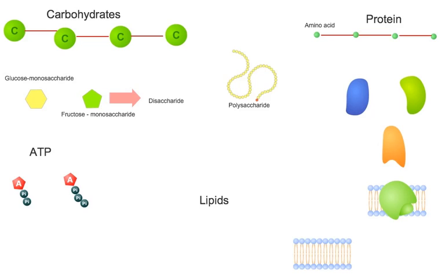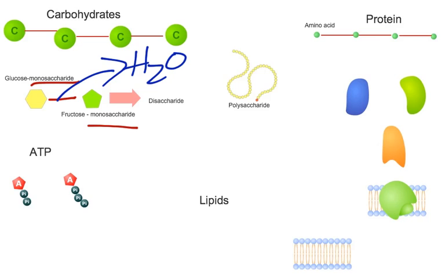Now, when we're looking at simple carbs, we have monosaccharides. Mono meaning one, and saccharide meaning sugar. So one sugar. Now, a lot of times we take two monosaccharides. Here we have glucose and fructose, both monosaccharides. We're going to put them together. How do we put two molecules together? Well, we go through what we call a dehydration synthesis.